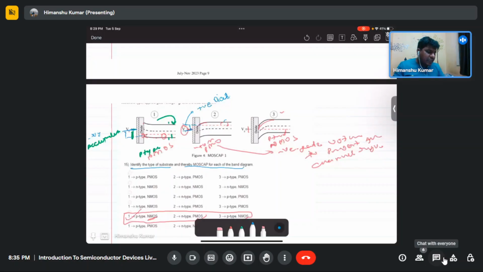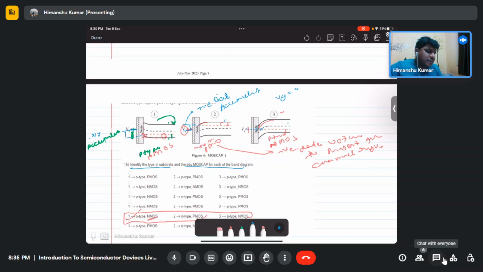Similarly, in the third case, as you can see, the Fermi level is at the same level, so VG is equal to 0, and the substrate is p-type, and at the interface it is becoming n-type. The band is bent down, the conduction band is coming closer to the Fermi level.